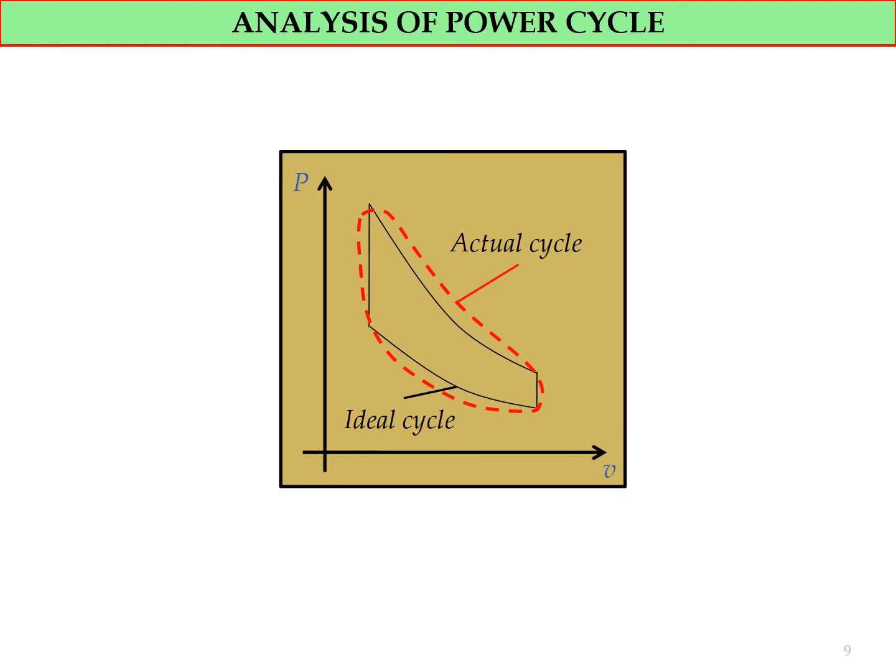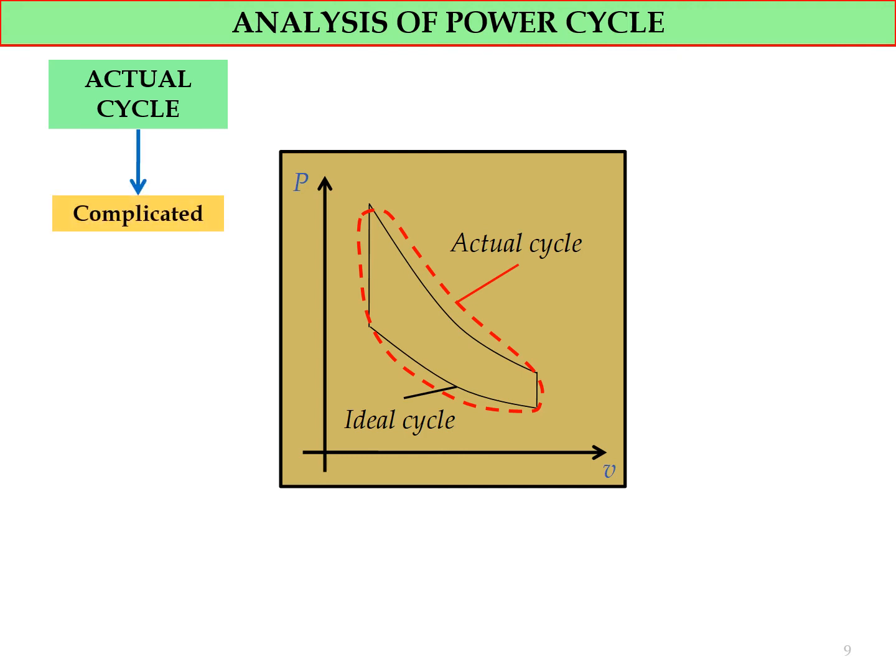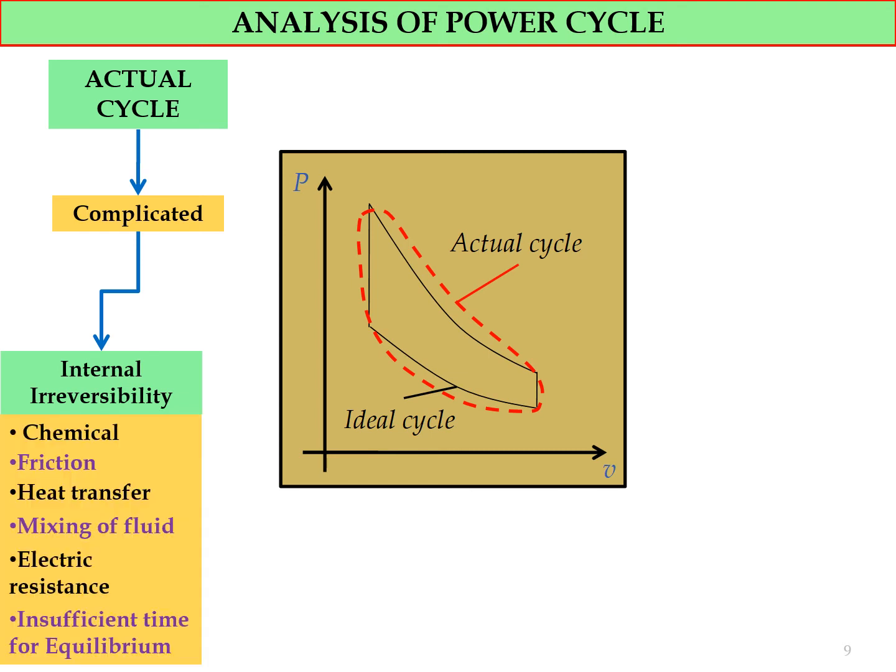Analysis of power cycle. This is a PV diagram, one example, already explained in the previous chapter, where we have the actual cycle and the ideal cycle. In the actual cycle, the cycle is complicated because it is internally irreversible, which comes from chemical reaction, friction, heat transfer, mixing of fluid, electric resistance, and insufficient time for equilibrium.